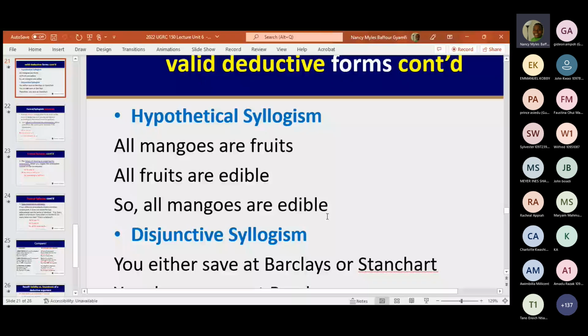If I say all mangoes are edible, I'm saying that everything that is a mango is inside the set of edible things. All politicians are corrupt. It means everything that is a politician is inside the set of corrupt things. That doesn't mean that there isn't space inside the set of corrupt things for lecturers. Lecturers too can be corrupt. So all politicians are corrupt doesn't mean all corrupt people are politicians. That's the reason why you can't change the position of the conclusion of this one.